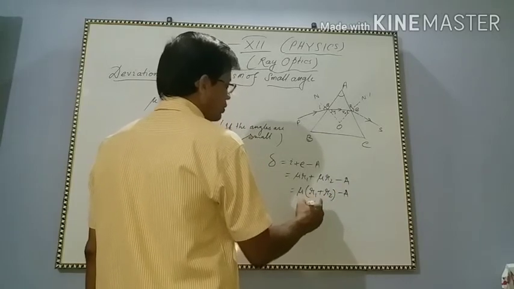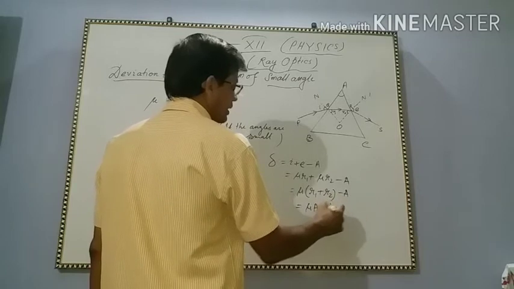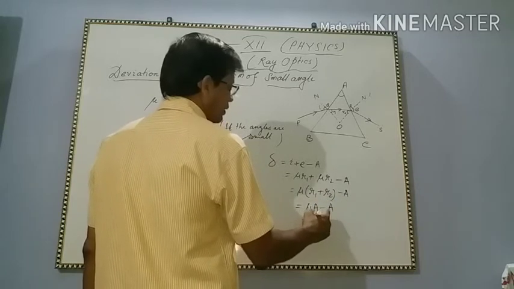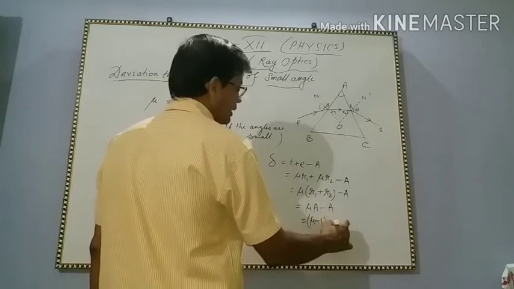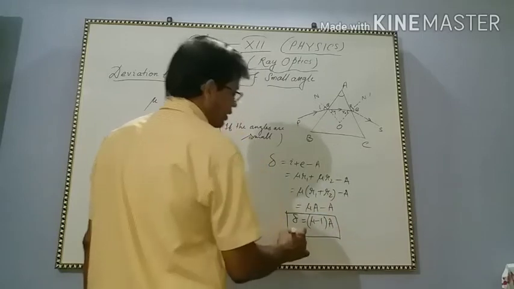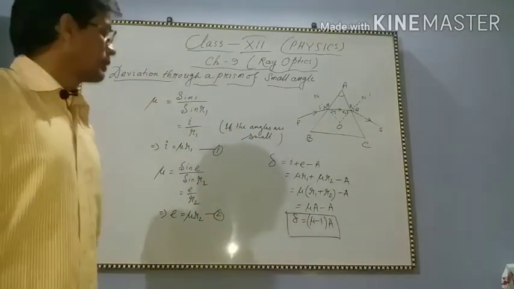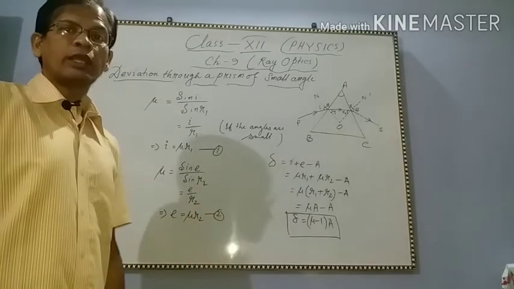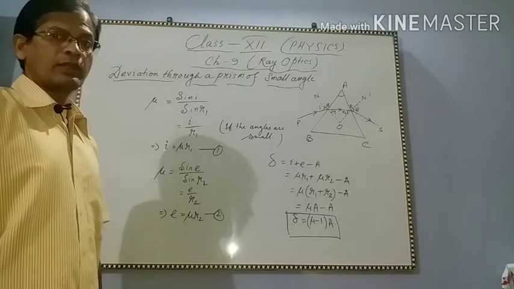So r1 plus r2 equals A, so mu A minus A, take A common, so (mu minus 1) into A. This is the expression for the angle of deviation for a small angle prism.